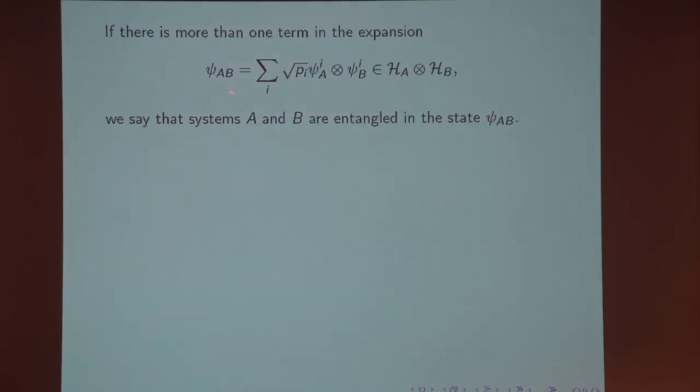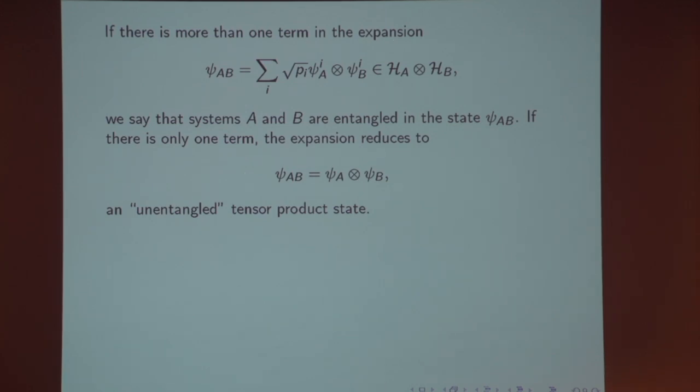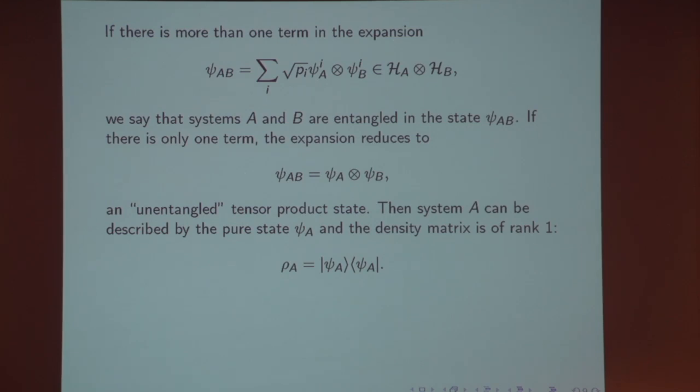If there's more than one term in the Schmidt decomposition, we say that the systems A and B are entangled. If there's only one term, we have an unentangled tensor product state. And as I said at the beginning, that means that system A can be described by a pure state, or equivalently, the density matrix has rank 1.